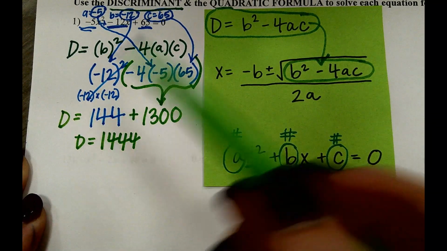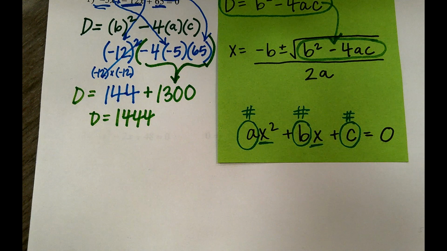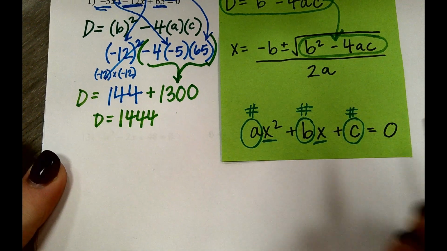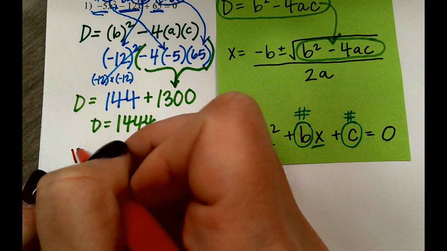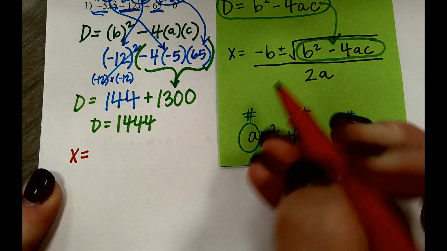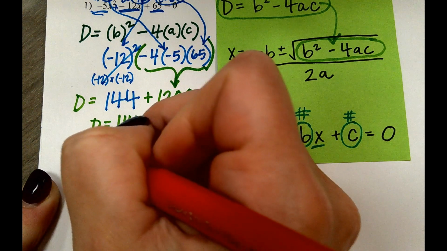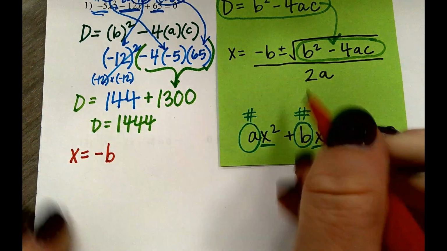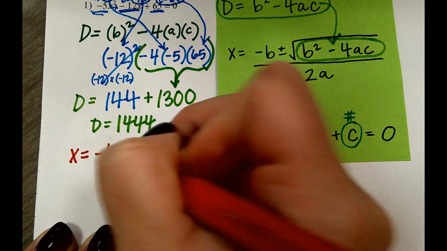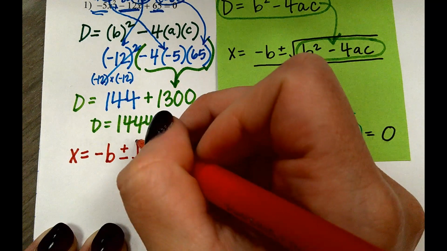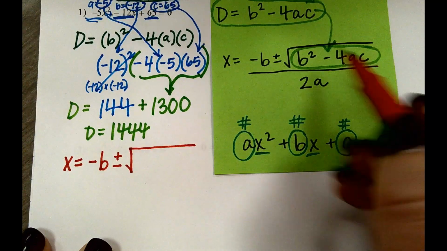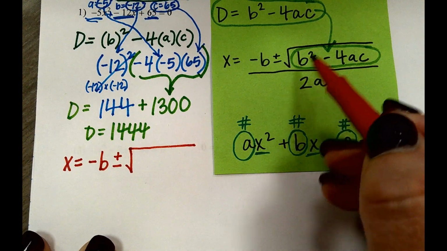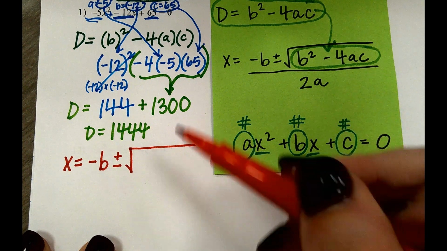Okay, so here's what we do next. We found our discriminant. Now let's solve for x. I'm going to write my quadratic formula. x equals negative b plus or minus the square root of, I could write this again, b squared minus 4ac, but we just did that, didn't we?